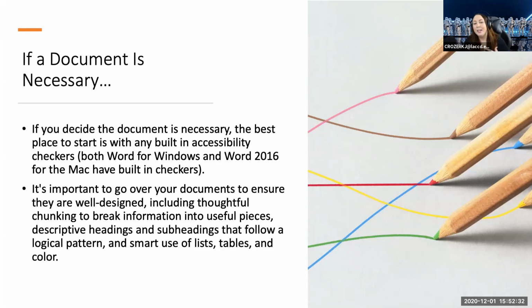So you want to look for thoughtful chunking to break up information into useful pieces. And if you don't have that yet, build it in. Descriptive headings and subheadings that follow a logical pattern, so a reader can skim and then read so that they really remember it. And smart use of lists, tables, and color.